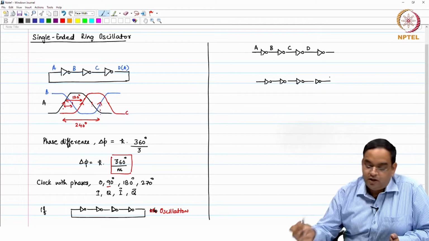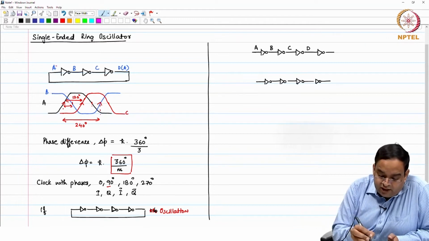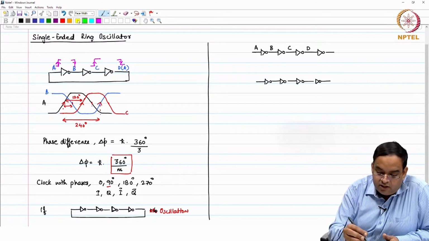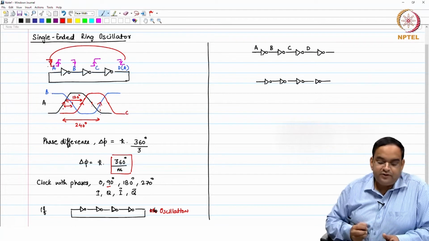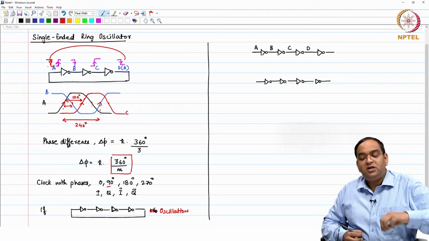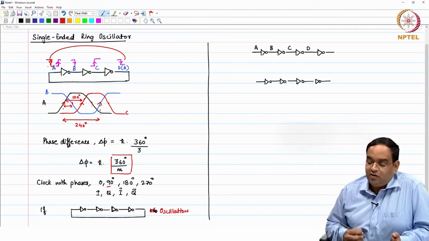So, in the case of an odd number of inverters, when you feed a rising edge of the clock here, in response to this rising edge you are going to have a falling edge, then again a rising edge, and then again a falling edge. And what you feed back is a falling edge. So, you give a rising edge at the input and you want to feed the falling edge, and if you can maintain that, then you can have sustained oscillations.